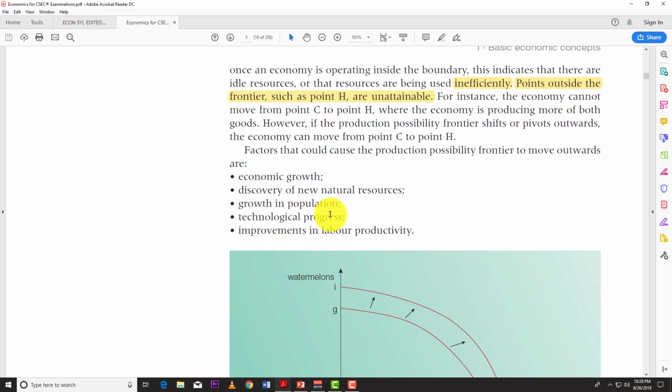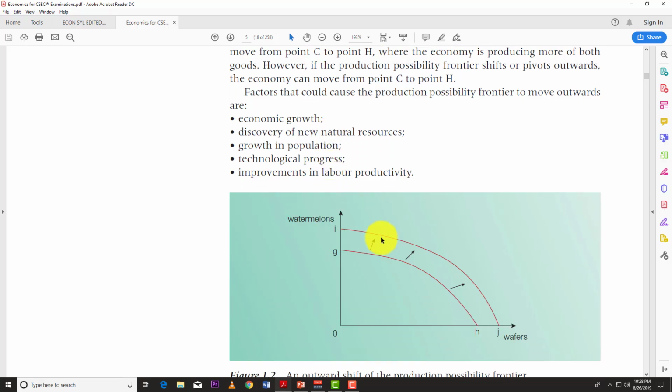Okay, now look at this diagram here. This one is showing you that there is a way in which the economy can actually produce at a higher level. You can move. So this is what you call a shift in the production possibility curve. It can shift. What can cause it to shift?